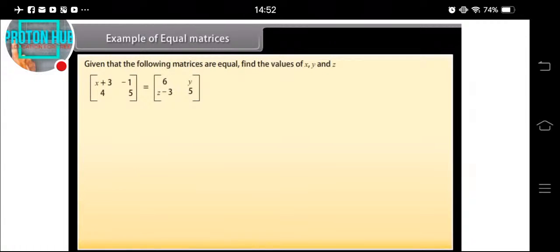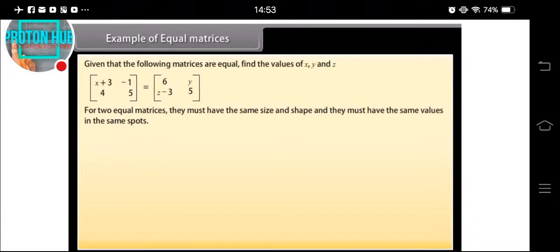Example of equal matrices. Given that the following matrices are equal, find values of x, y, and z. For two equal matrices, they must have the same size and shape, and they must have the same values in the same spots.